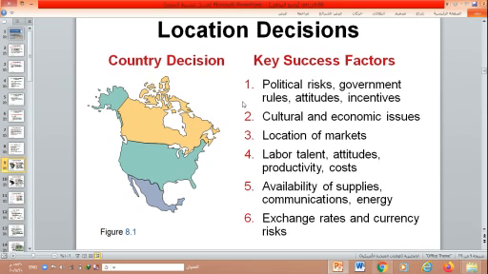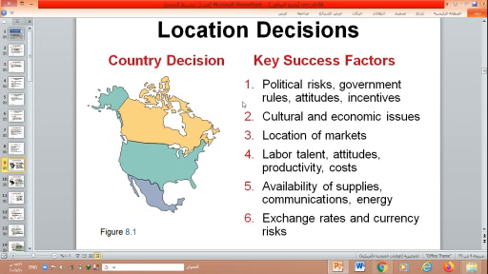Regarding labor talent, sometimes the labor costs may be low in some countries, but we also want to be careful and take into consideration the abilities and skills of those laborers to produce high quality products and services. We don't want to focus only on low labor cost, because some countries have low labor costs but lack the skills and abilities needed to produce high quality products or services.